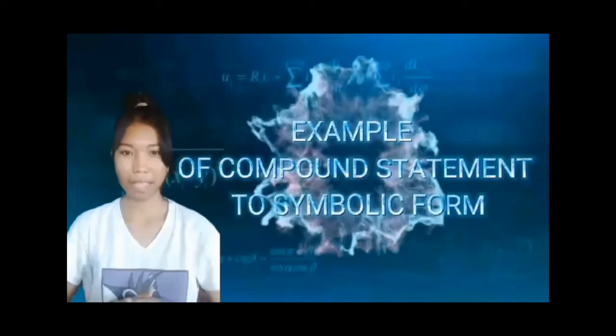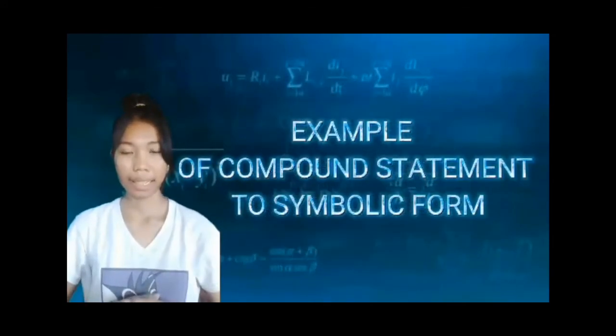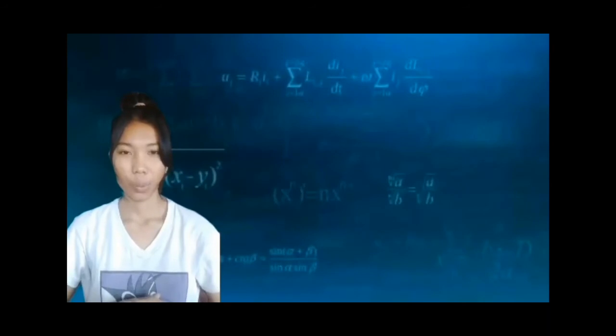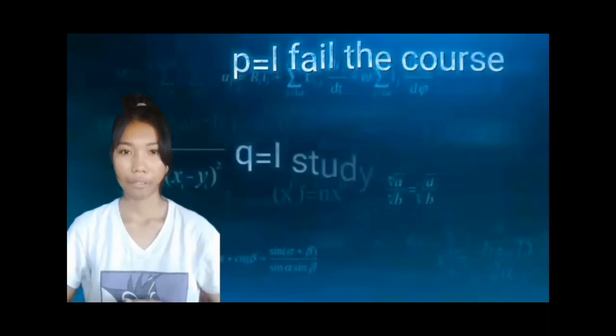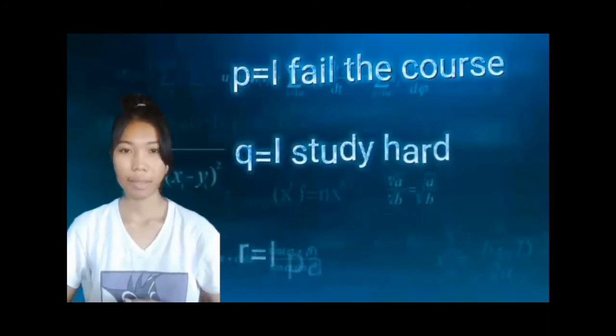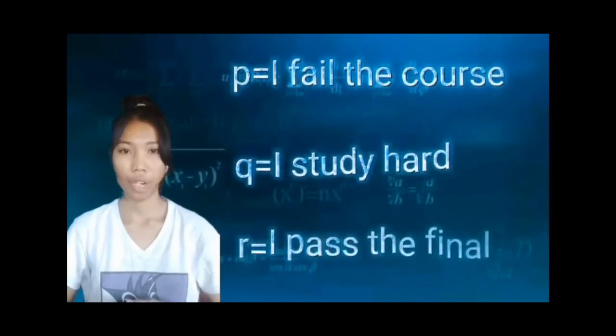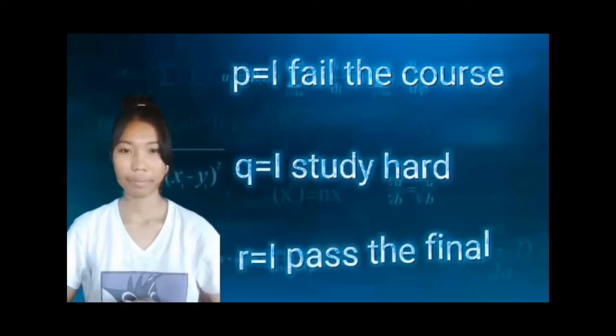Now, I will give an example of compound statement in symbolic form. Let again the P, Q, and R represent the statements. P for I failed the course. Q for I study hard.